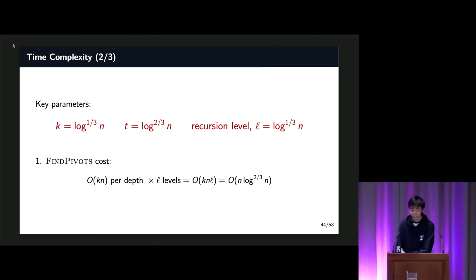The exact argument is rather subtle here, but the key idea is that the sets produced by calls at the same depth are disjoint, and so each vertex only contributes O of k work per depth. And by design, the recursion depth of this algorithm is log n to the power 1/3, which is L over here. So the total cost for find pivots is just k times n times L, which is n times log n to the power 2/3.